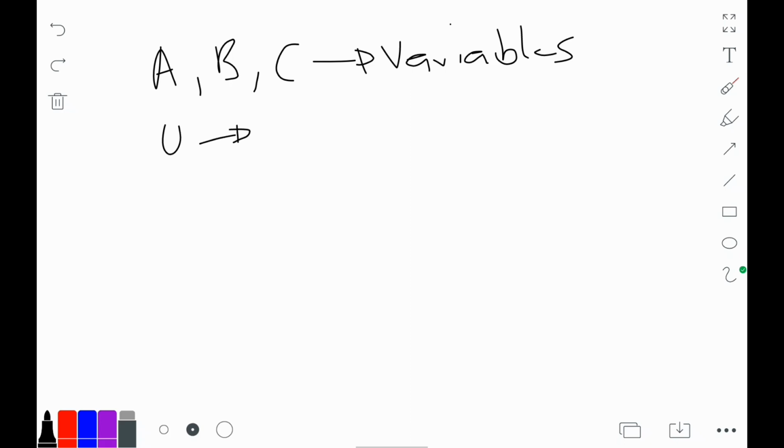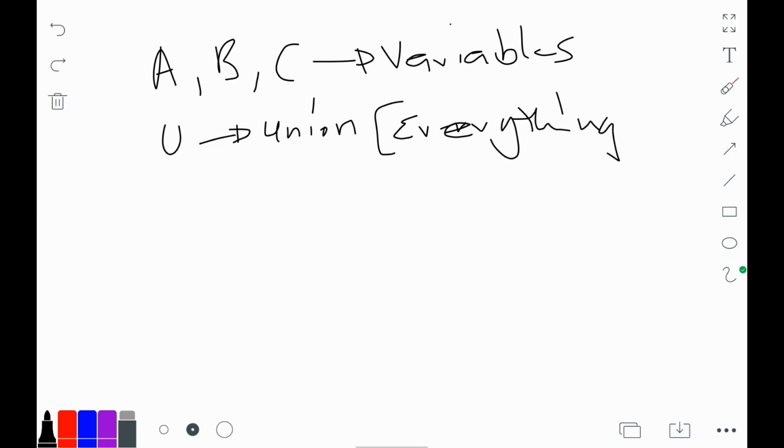This one means union, and to help you understand it, just take it as everything. I'll just use everything. We're also going to use this one. This one is an intersection.